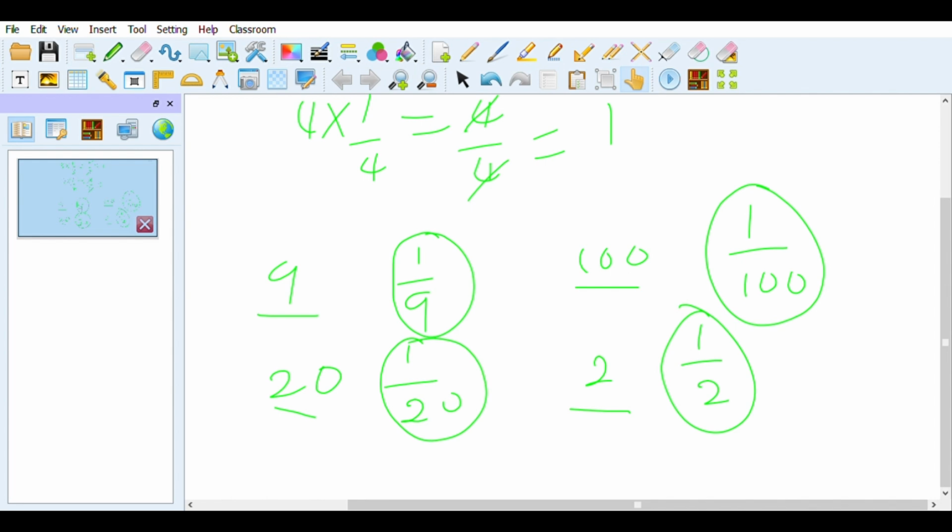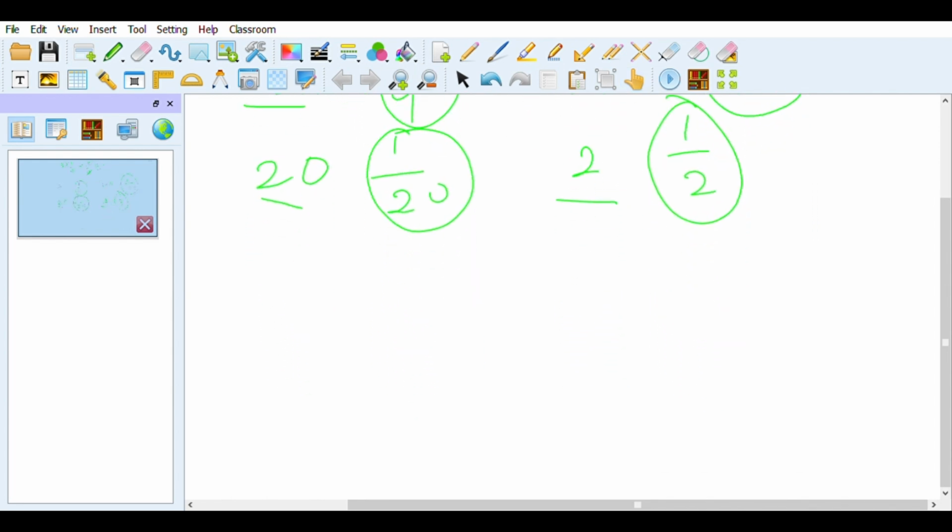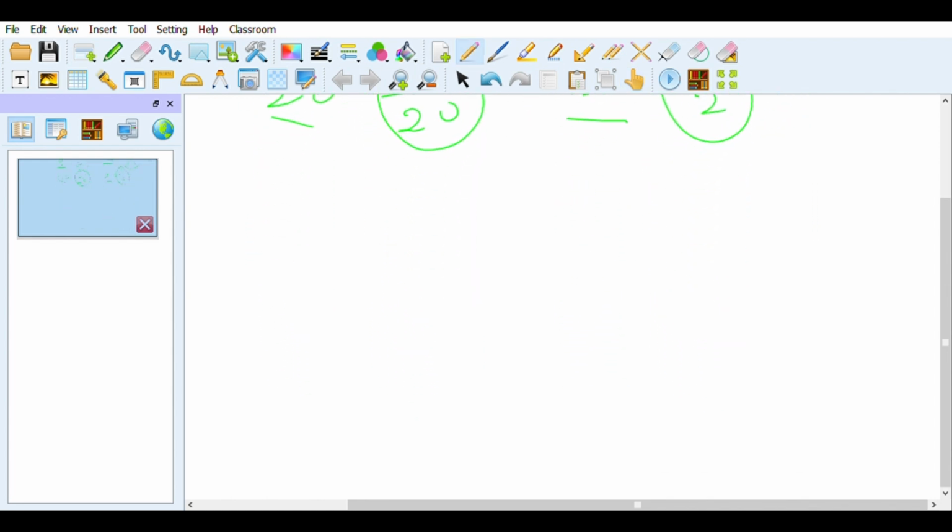So what this means is that if we have to solve the equation 2x is equal to 9. Remember, when we solve an equation, we want to leave only x on the left hand side.